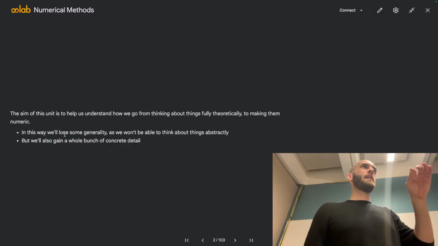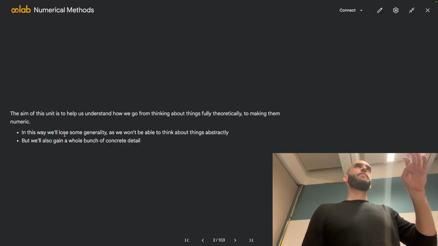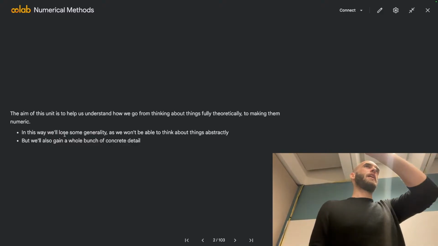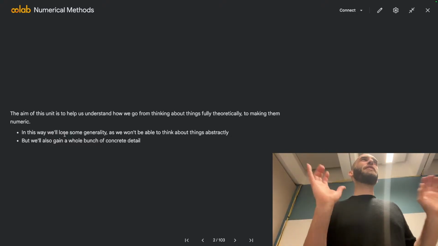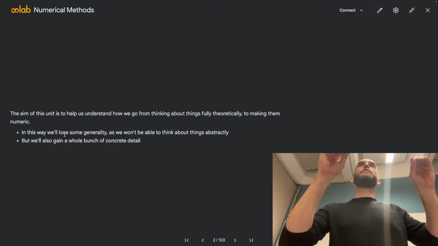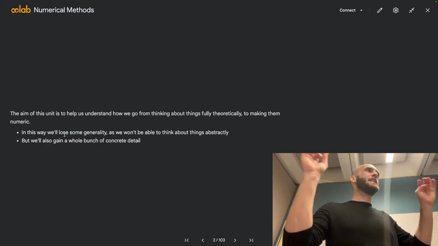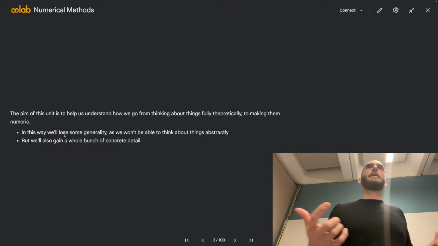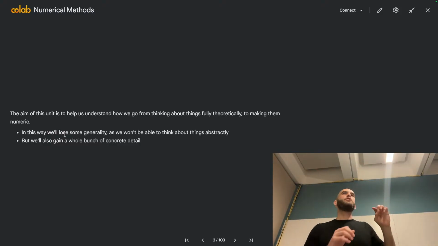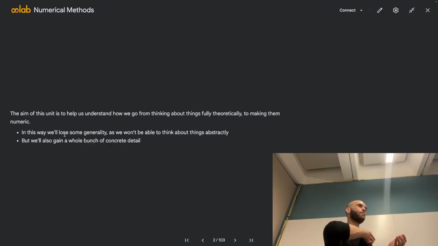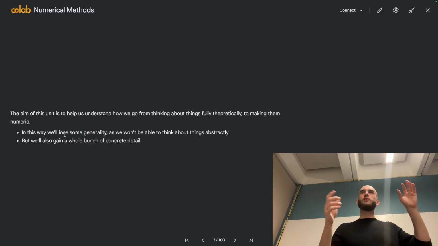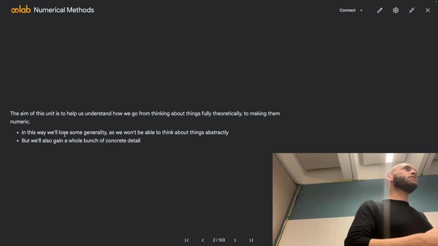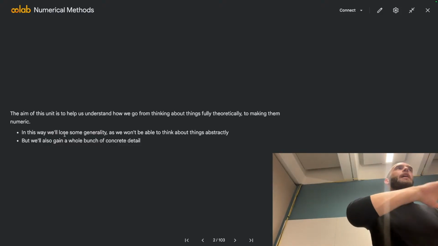The nice thing about theoretical models is we can leave them very general, right? So you've seen in your higher level theory classes, just generic systems of equations where we don't actually use numbers, we use variable names.